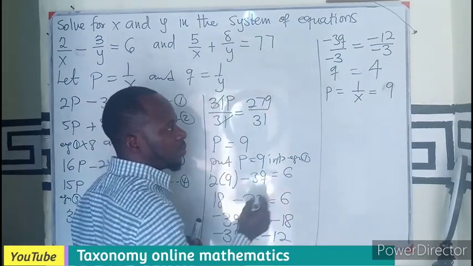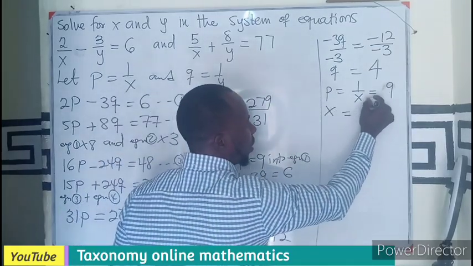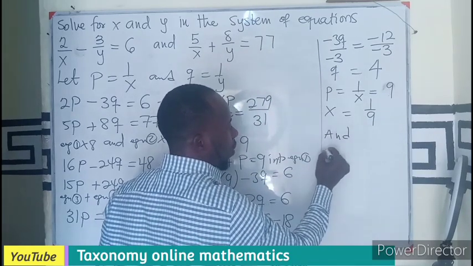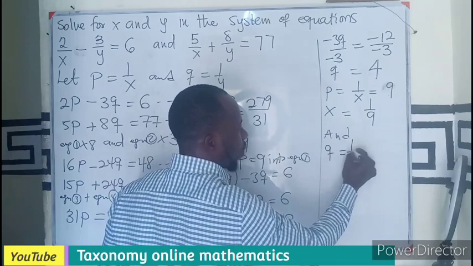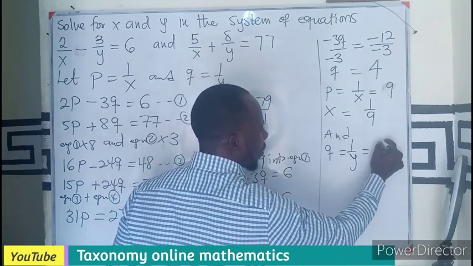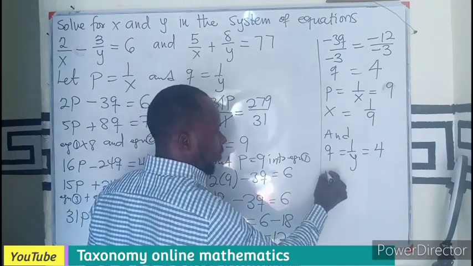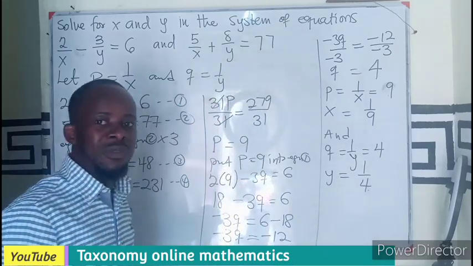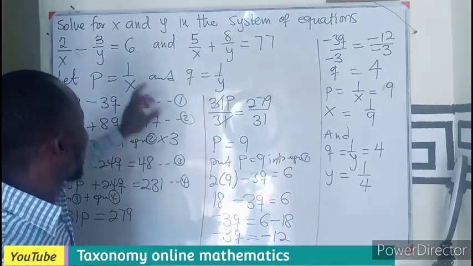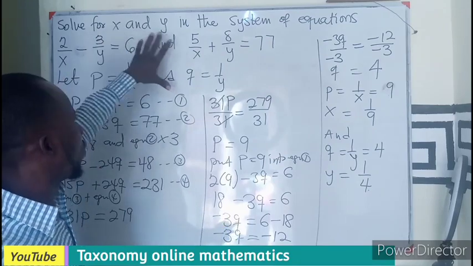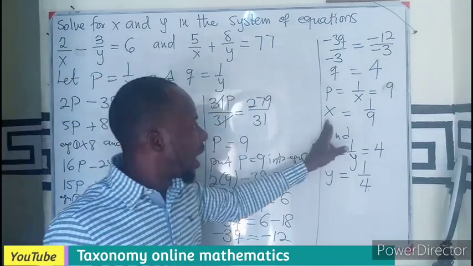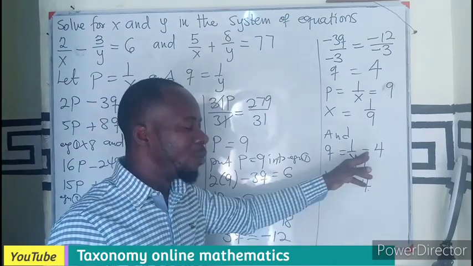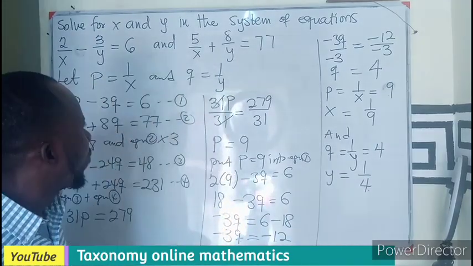If you cross multiply, x is going to be 1 over 9. Also, q equals 1 over y, and q is 4. If you cross multiply, y is going to be 1 over 4. Therefore, the values of x and y in this system of equations will be x equals 1 over 9, then y equals 1 over 4.